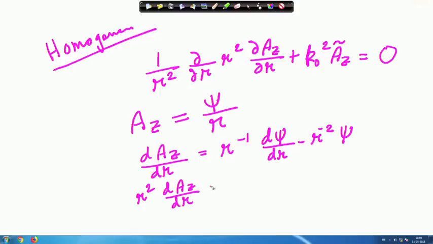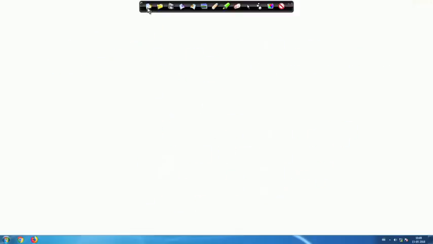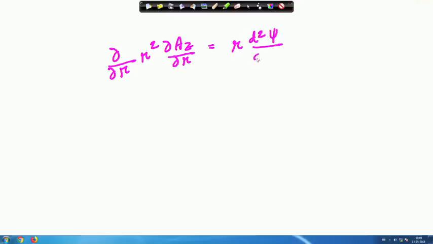Similarly, you can find what is r square dAz dr, that will be r d phi dr minus phi, then del r square dS, that will, after some substitution I am not doing, it is simple you do, because it is only a one variable dependence.